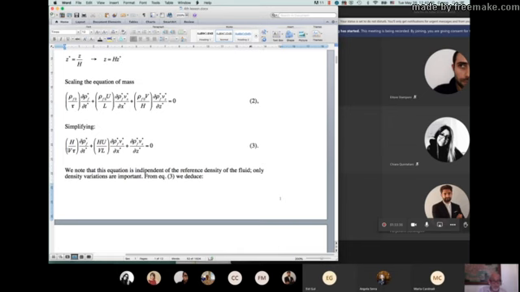So you can either throw these 2 fractions away, or you cannot throw them away because these 2 parameters, these 2 dimensionless numbers that we have here, are themselves of order 1.